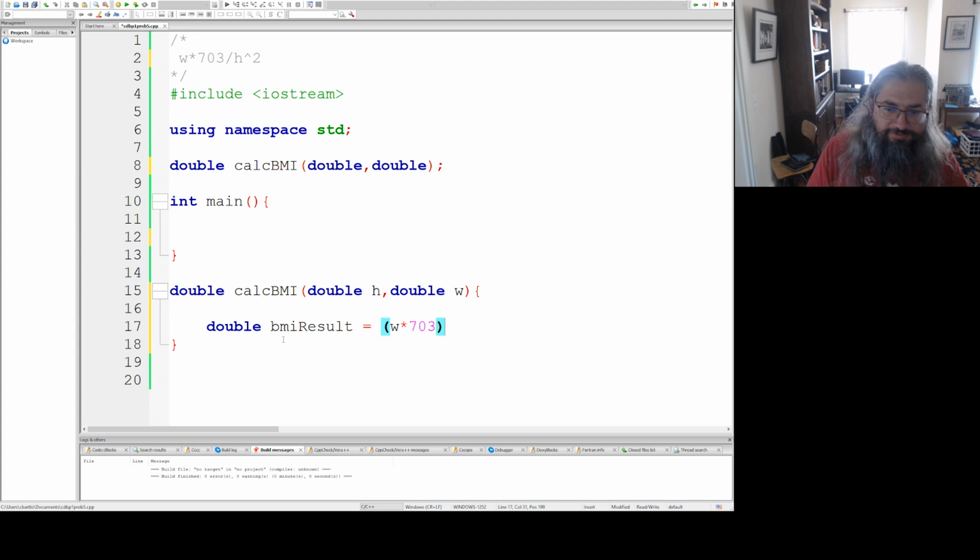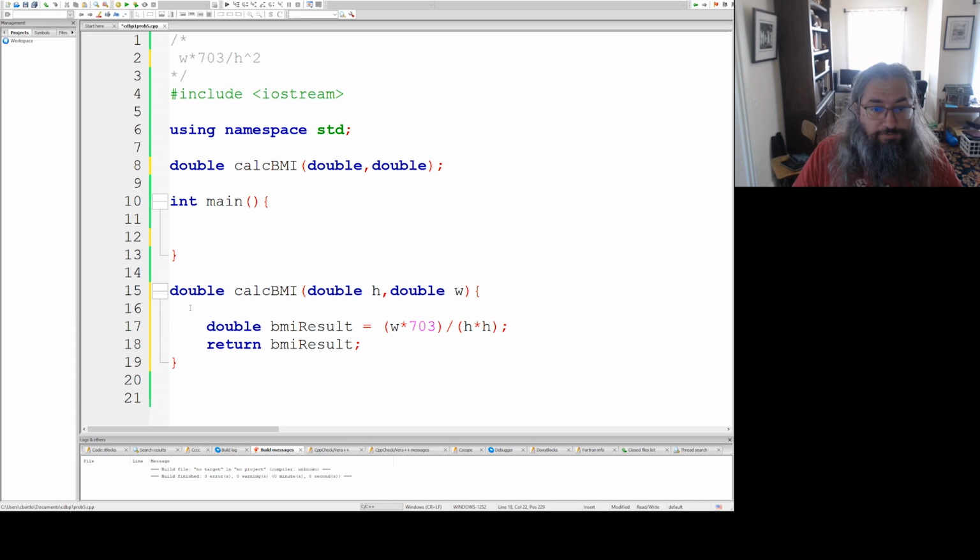And I'm putting some parentheses in here just to make sure everything is tidy. And then I'm going to do h times h, because if I'm just multiplying two numbers together, I don't need to have an extra function call right there. So I'm going to do weight times 703, height times height. And then I'm going to use the return command because I'm going to send this value back. And I'm going to send back BMI result.